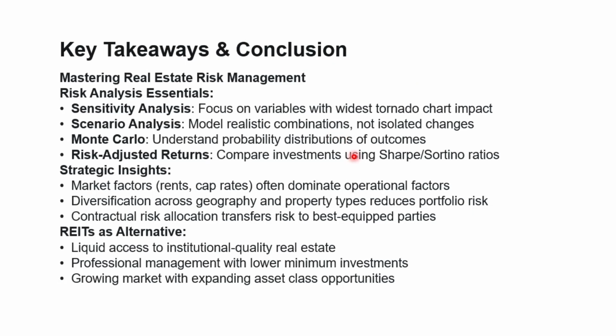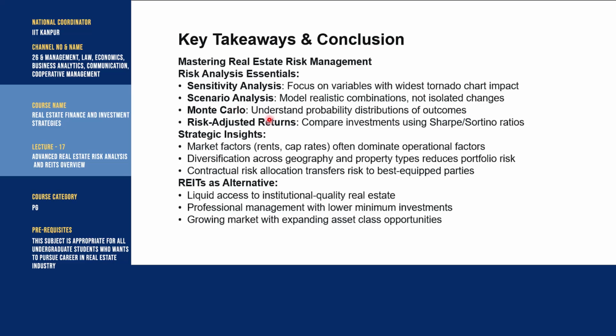So the key takeaways. Mastering this risk analysis, we should be aware of sensitivity analysis and scenario analysis. That one we started with fixing one particular variable, moving on to moving multiple variables together, then creating a simulation of 10,000 iterations, and then also looking at risk adjusted return.